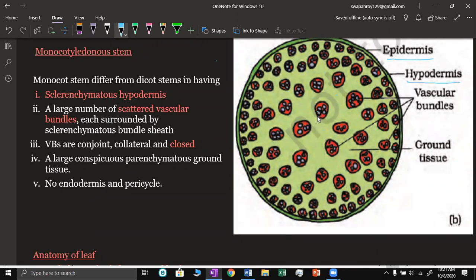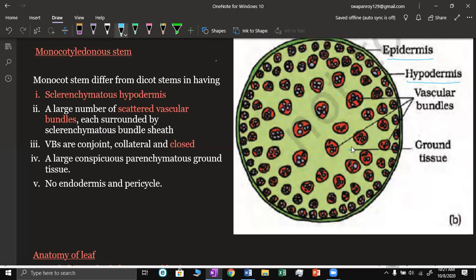The vascular bundles towards the periphery are more in number and smaller in size. Towards the center, their number is less and they are larger in size. This is the ground tissue.